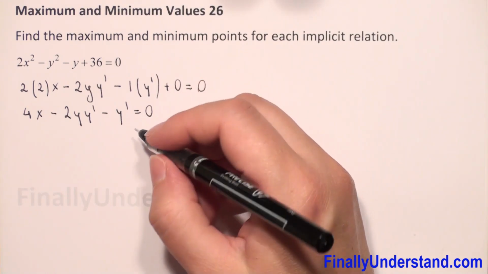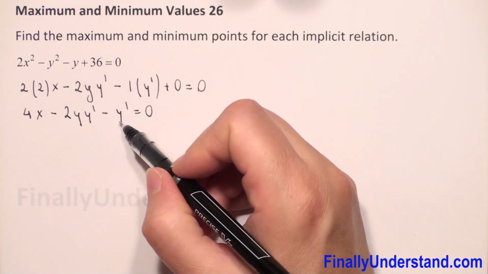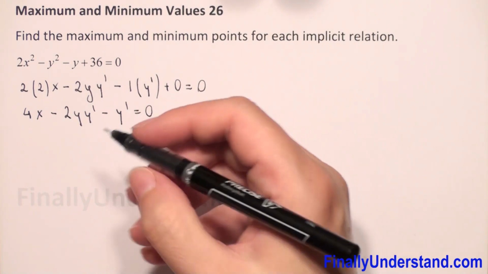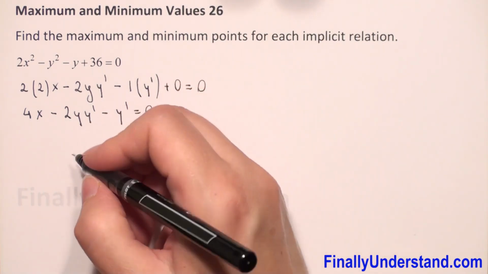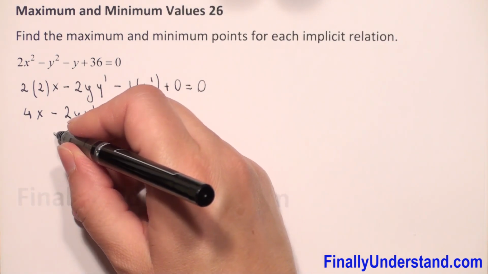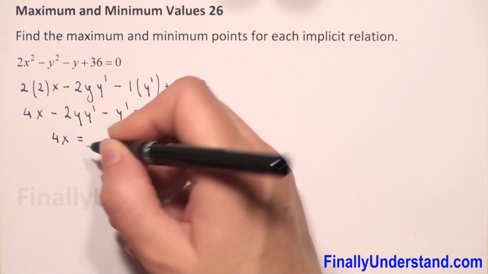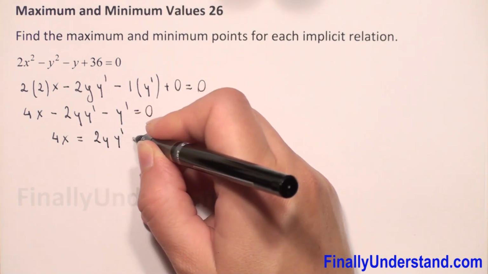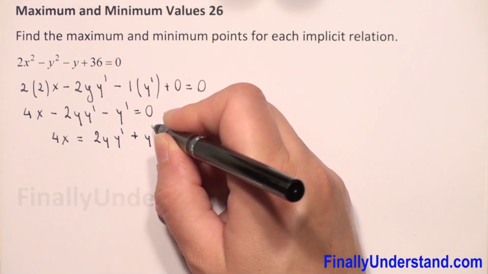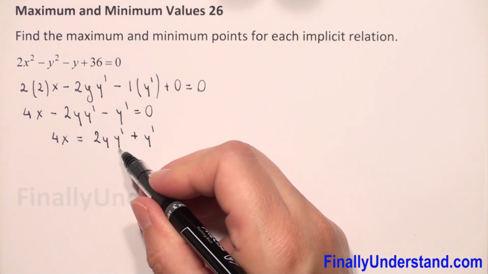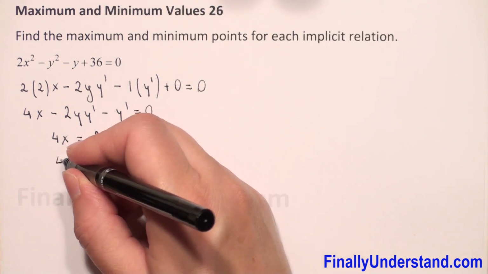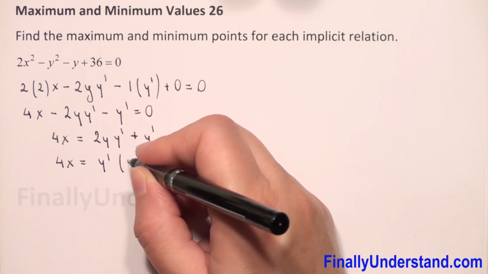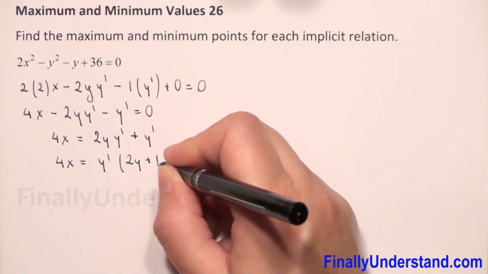Now we will collect the expressions with y prime on the right side. Because we have a negative sign before this expression, we have 4x equal to 2y y prime plus y prime. Now I will factorize y prime, so we have 4x equal to y prime times (2y plus 1).